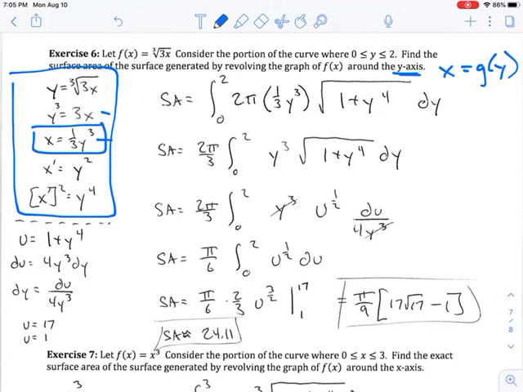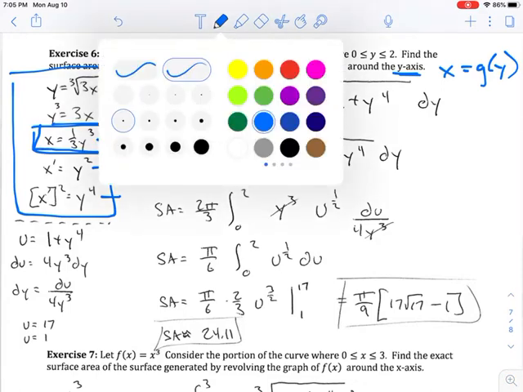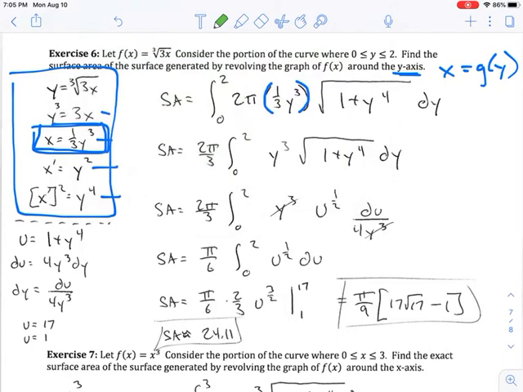Taking the derivative, we get y squared. Squaring it, we have y to the 4th. And so plugging all of that in, so right here, of course, we have our function g of y. Don't make the mistake of plugging this function in there, okay?